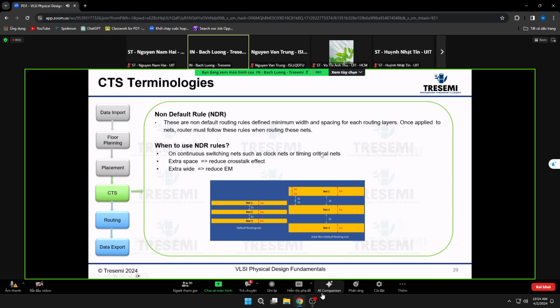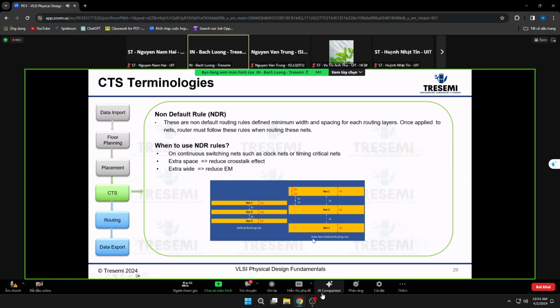For example, this is a default routing rule. Net one is one width and one spacing. Let's just make it simple: one width is 1 micron, and single spacing is 1 micron. So these are the defaults. We want the clock to be much wider and we want the spacing to be double, right? So we apply the NDR. We define an NDR called double space, double width, at 2 micron and 2 micron.